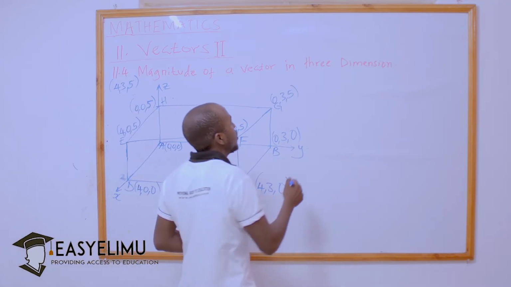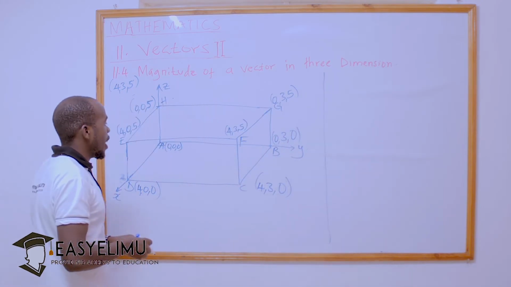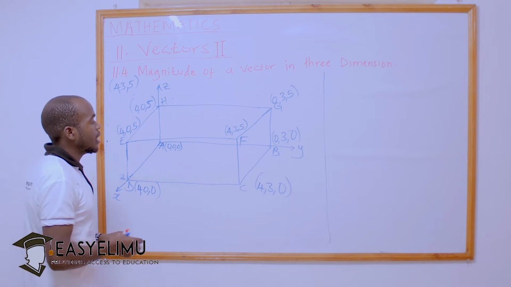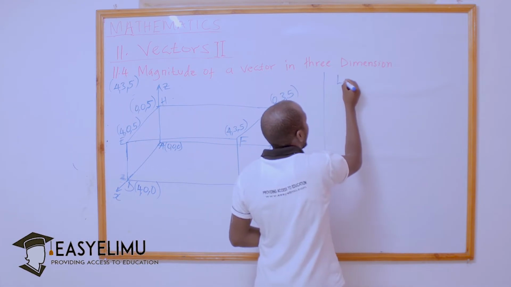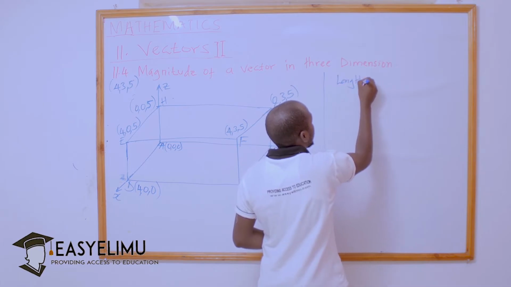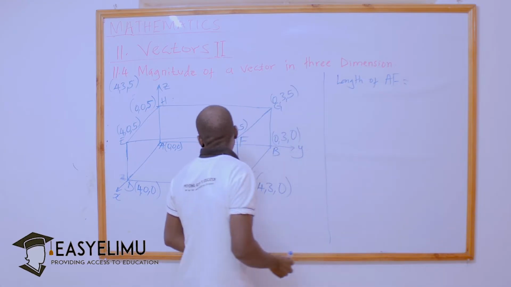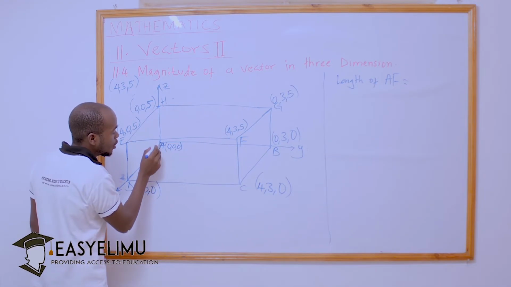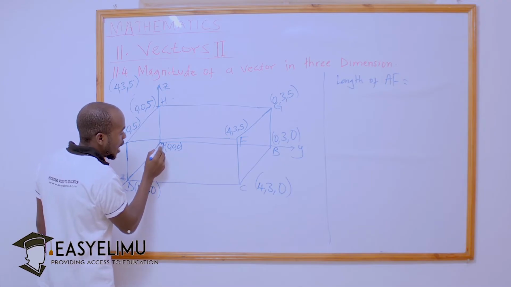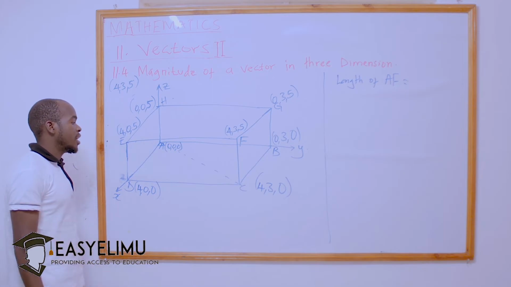In case we have been told to find the length of AF, the first thing you need to do, remember, is to join line A to C in order to form that triangle.